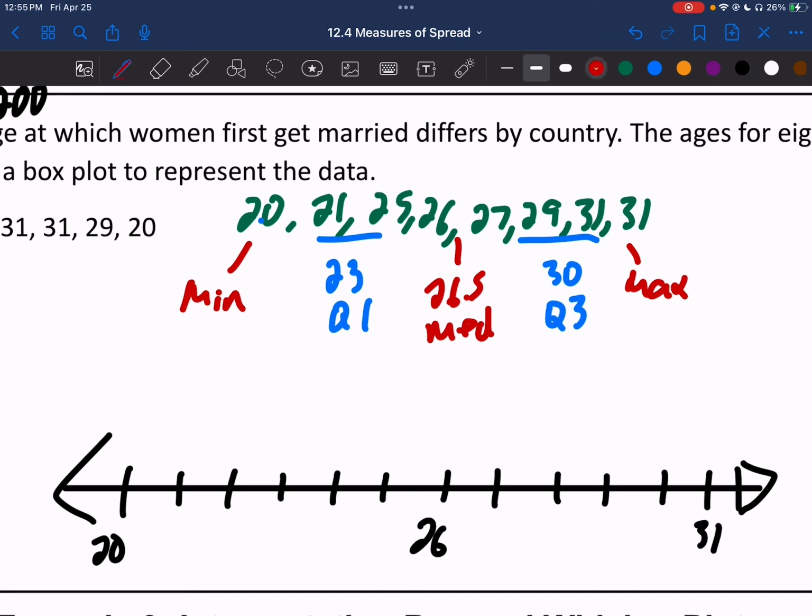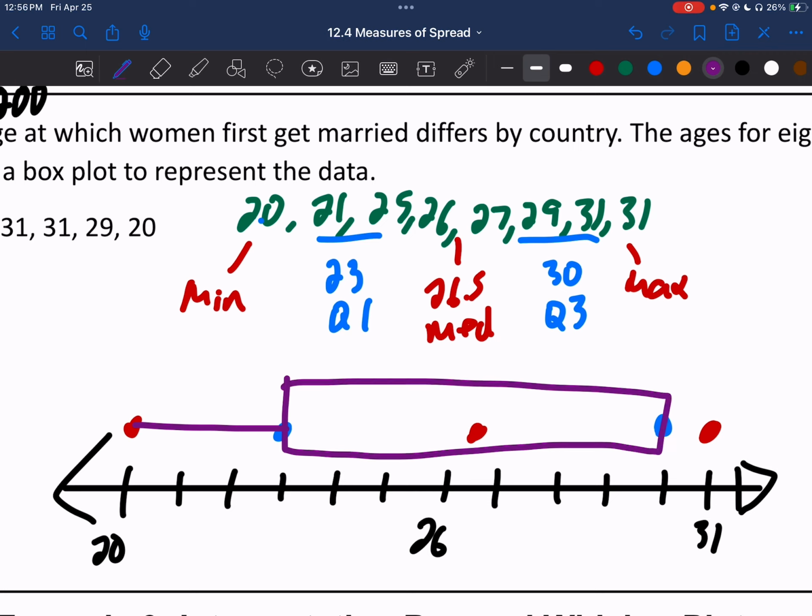All right, so we're going to put our minimum, 20, our maximum, 31, our median, 26.5. We have quartile 1 at 23, quartile 3 at 30, and then we make our box and whiskers. And there we go.